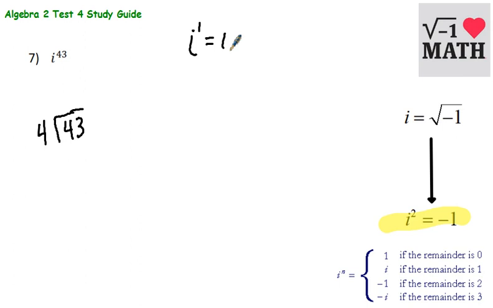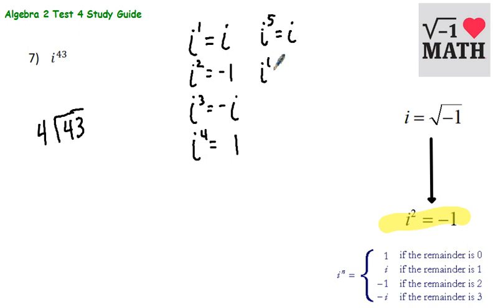So i to the first power is i, i squared is equal to -1, i cubed is equal to -i, and then i to the fourth power is equal to 1. And then it repeats, right? So for instance, i to the fifth power would be equal to i, i to the sixth power equals -1, i to the 7th power equals -i, i to the 8th power equals 1. And then we could keep doing that. We don't need to, but it repeats every 4. So that's why we're dividing by 4.